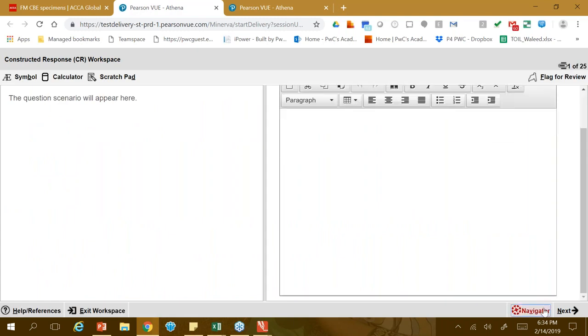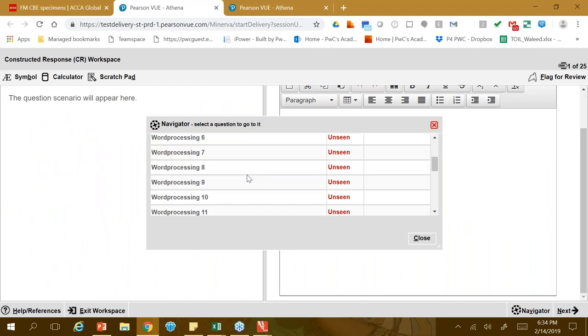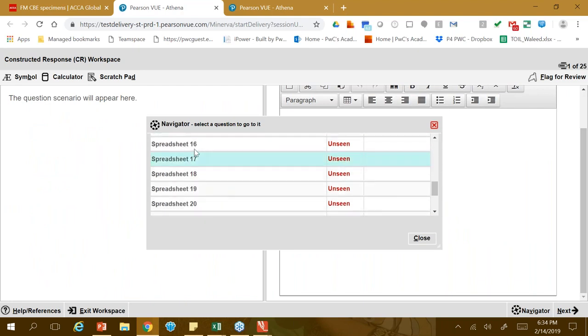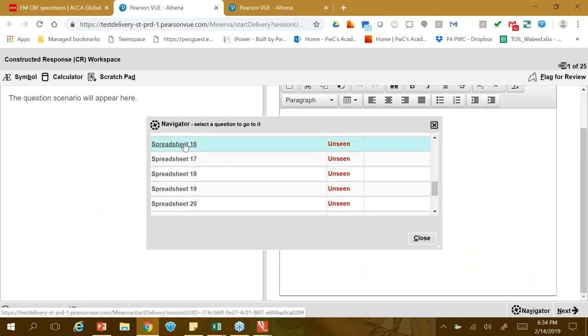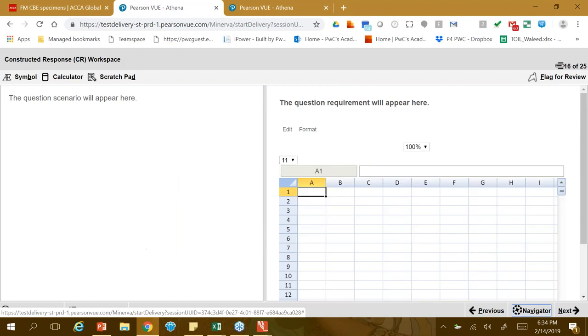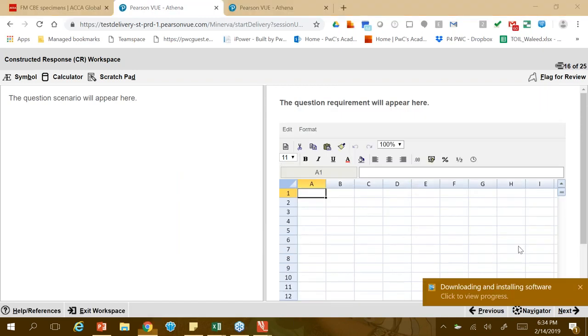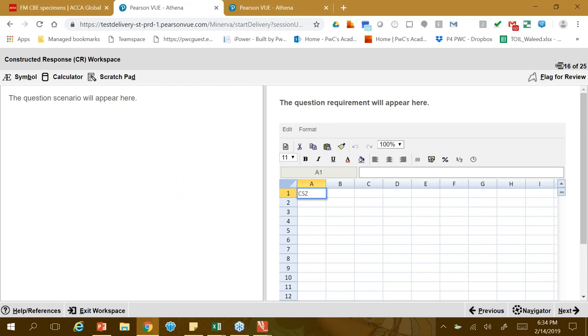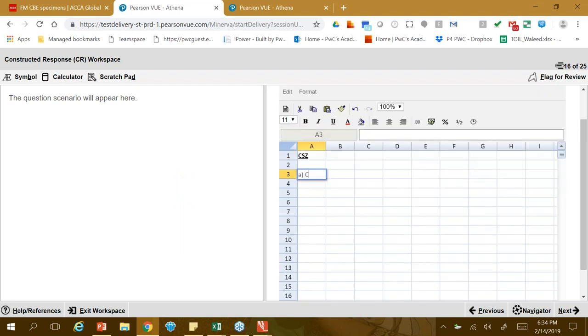Let's look for a spreadsheet here. Okay, so this is the CSC question, and we are looking here at part A, which is the cash operating cycle. I want to find 3 things: the inventory days, the debtor days, and the creditor days.